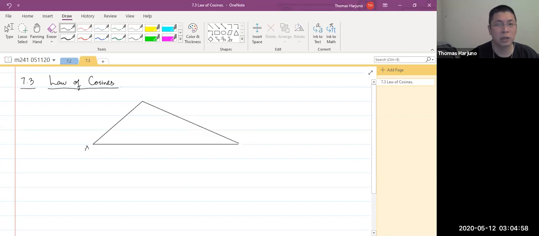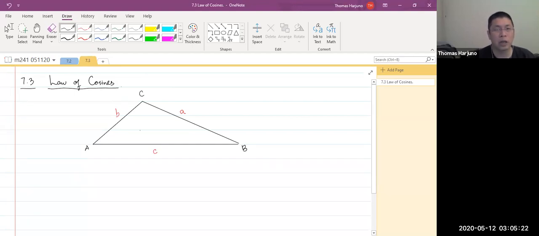Let's say this is side A, angle B, angle C. Therefore, this is side B, and this is side C, and this is side A. Now, according to the law of cosines, it says the following.